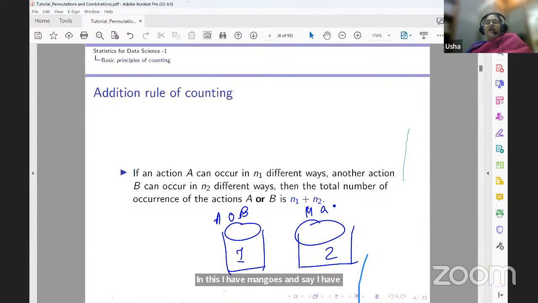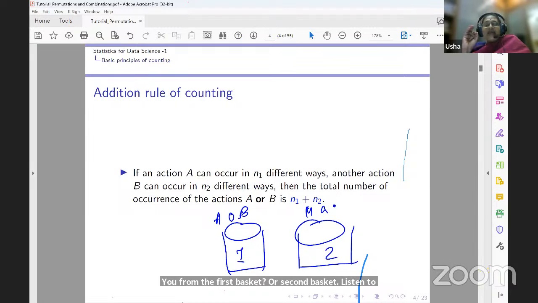Now, I'm going to tell you that suppose you want to choose a fruit either from the first basket or the second basket. Listen to me very carefully.